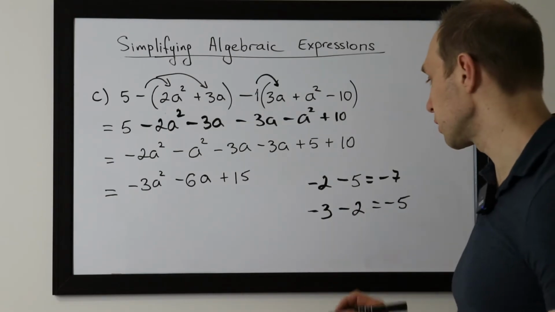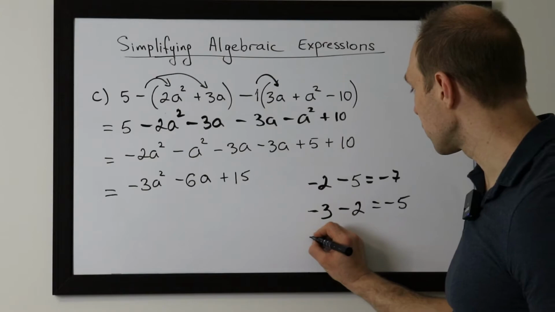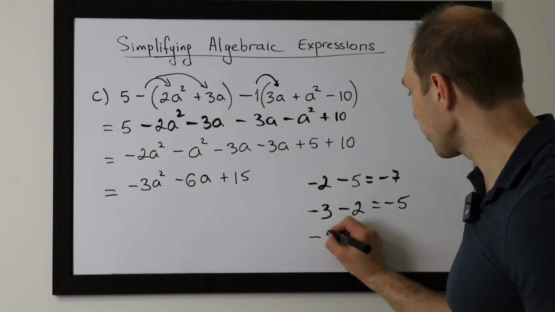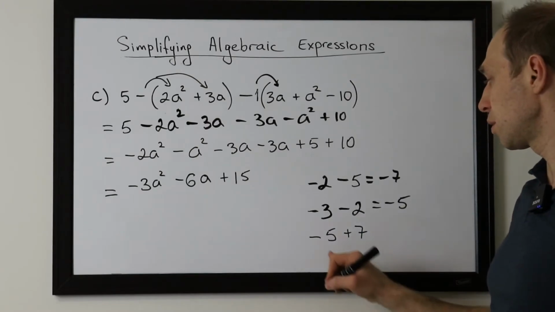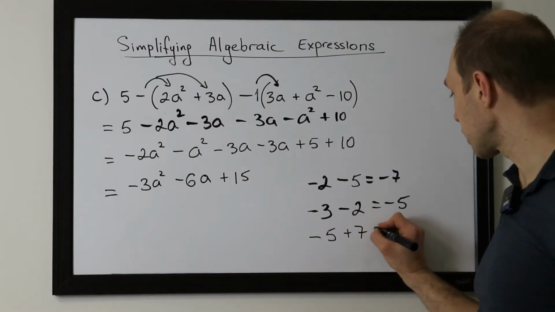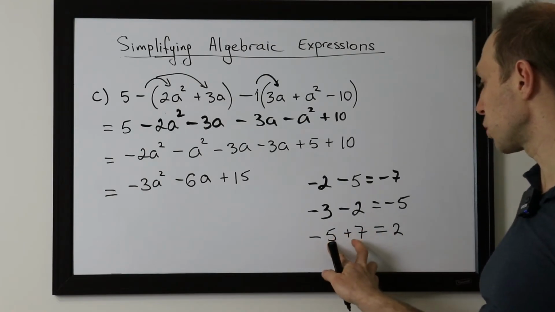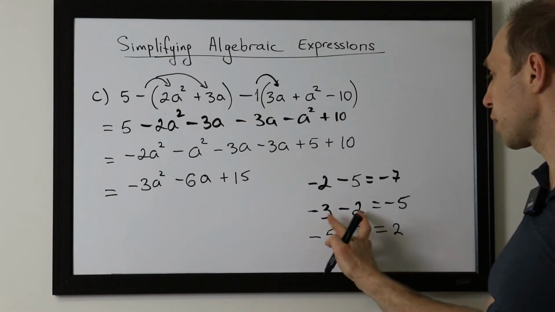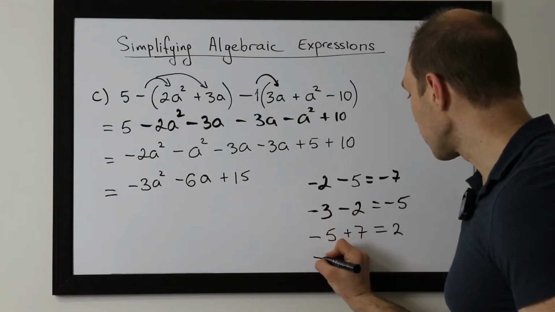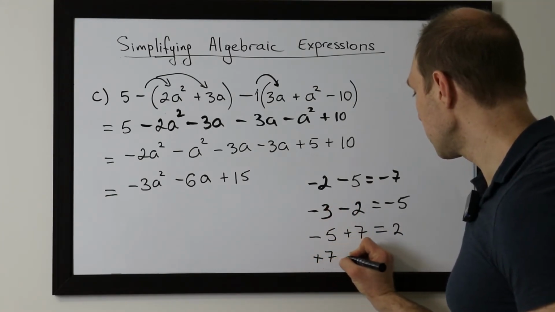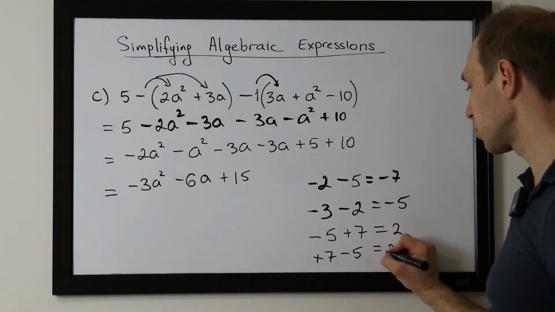If I was to add instead, let's say you're on the negative 5th floor and we're going up 7 floors, we're going to be on the 2nd floor. By the way, with math, it's very simple to switch numbers around as well. When you're adding or subtracting, you can switch them. So it's the same as saying 7 minus 5, and you'll still get the same answer.